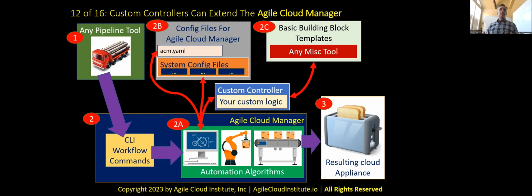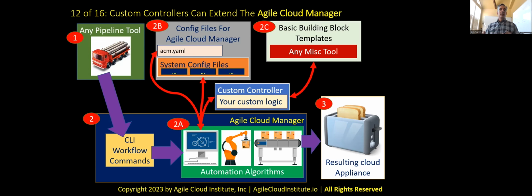There are several demos that ship with the Agile Cloud Manager at agilecloudinstitute.io. We have a Getting Started for Engineers section that takes you through the steps that your engineers can follow in order to start running our demos. And one of the demos is for a custom controller that's essentially a shell you can use for your development process.